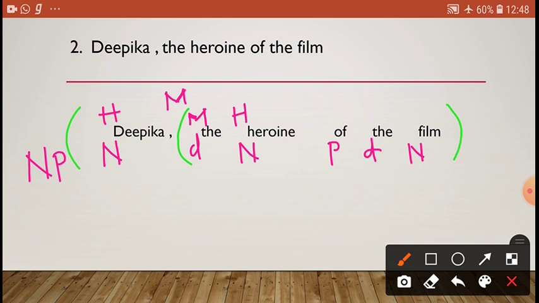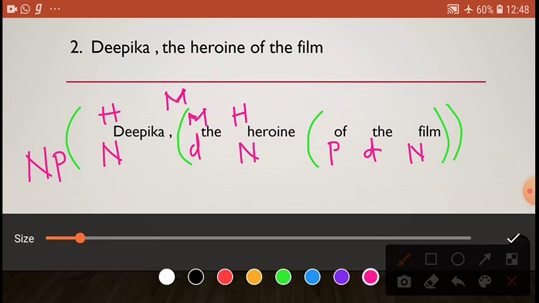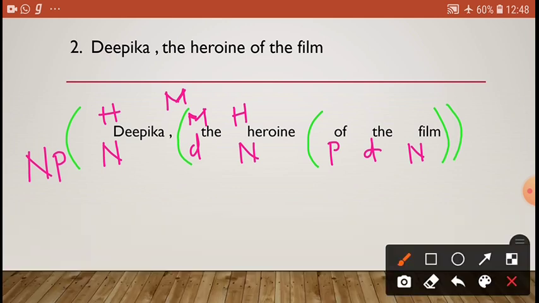What about of the film? Again there is a new phrase, of the film. The form of this phrase is prepositional phrase.